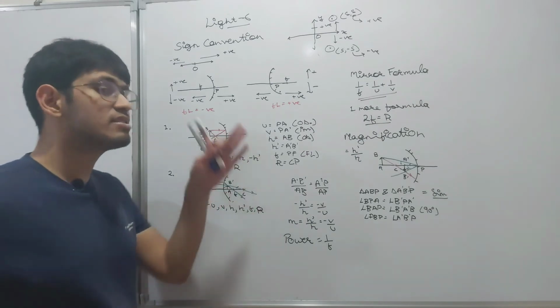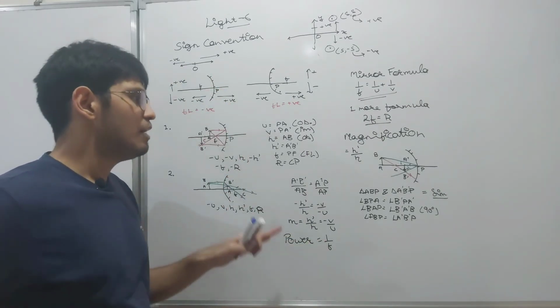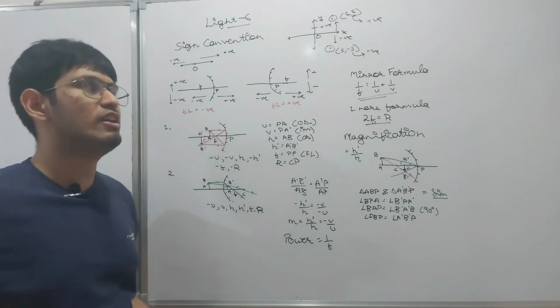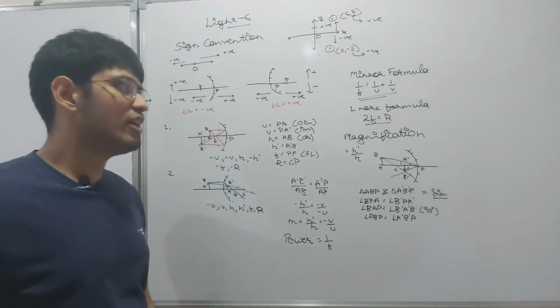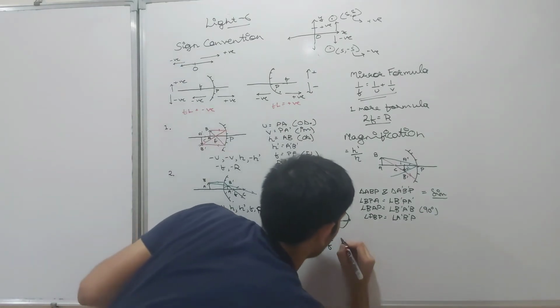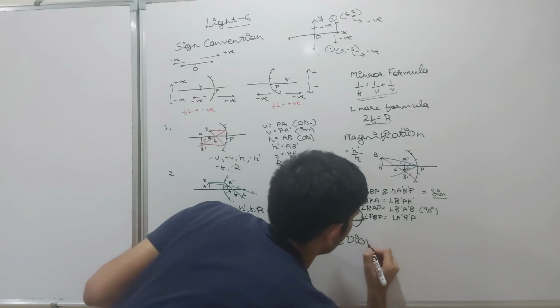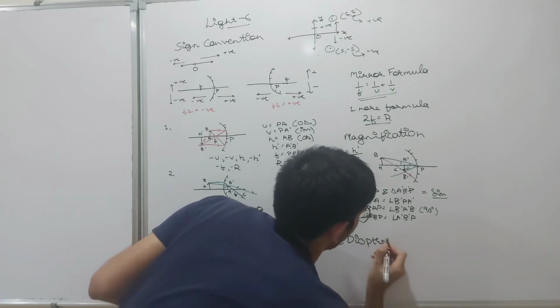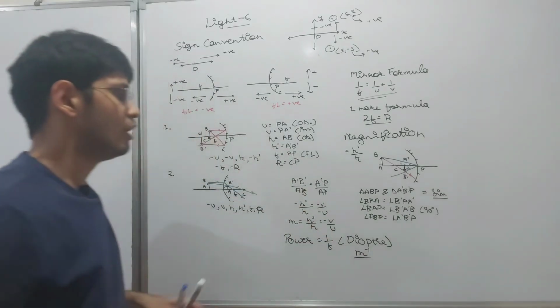You just use this and you will get the power of the mirror, whether it is a concave mirror or a convex mirror. The unit for power is the diopter, or meter inverse.